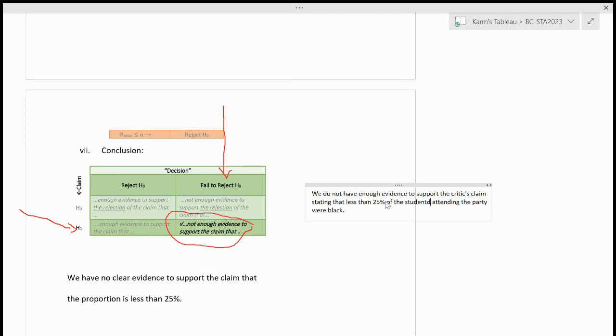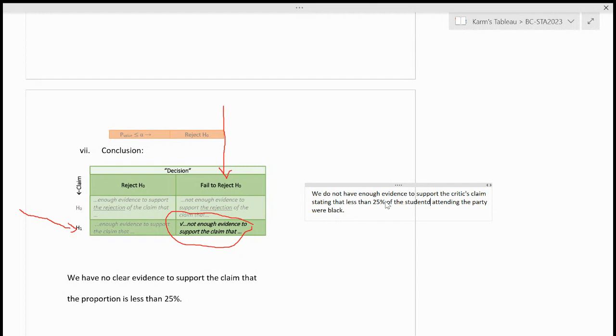Now, my question to you will be, based on that conclusion, does it mean that the claim made by the critic, we find out that it is true or it is false? What did you figure out?